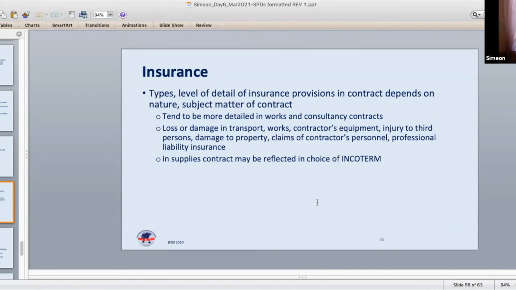Let's see, insurance. So the next couple of slides outline the basic features of clauses on insurance.